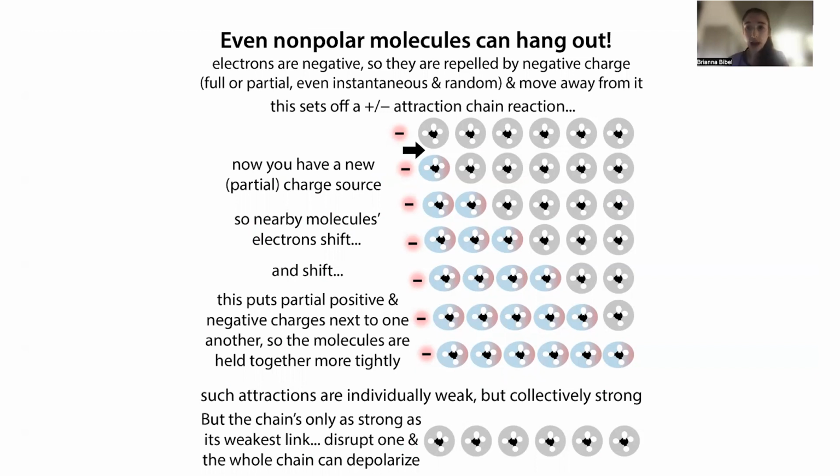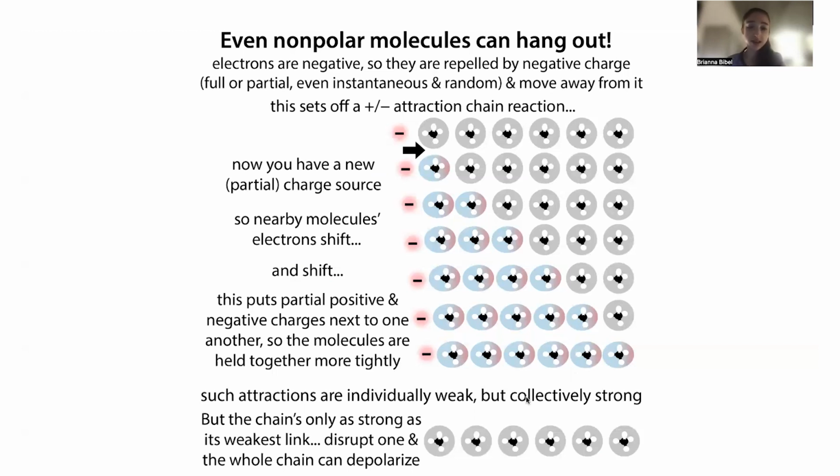Even though those atoms are sharing the electrons pretty fairly on average, if they happen to be in one place, this can set off a chain reaction where you get this separation of charge. One happens randomly and then it kicks off this chain reaction. And then you get these interactions that are collectively strong, but individually weak.